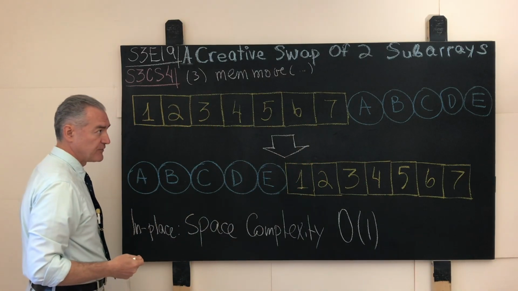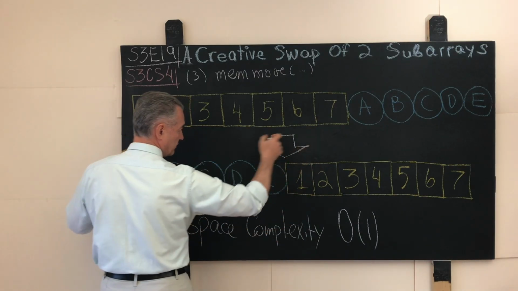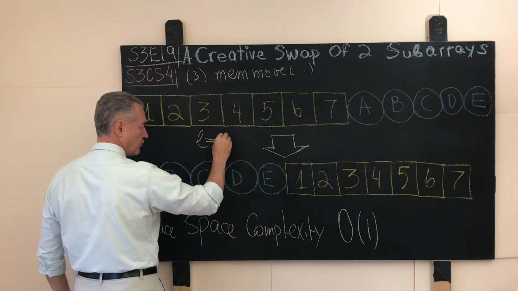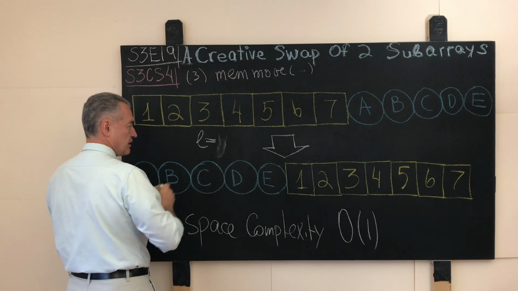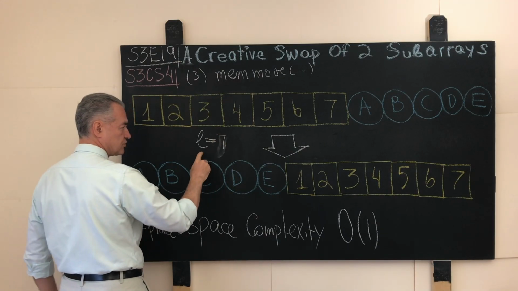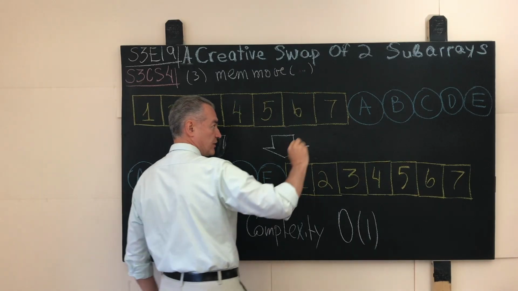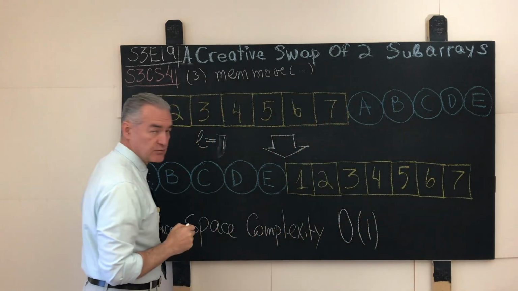How will that work? Well, let us assume, for example, that with L we designate the size of the left sub-array, and in this case, that size is 7. So let's assume that we have L units of memory located to the right of the input array.